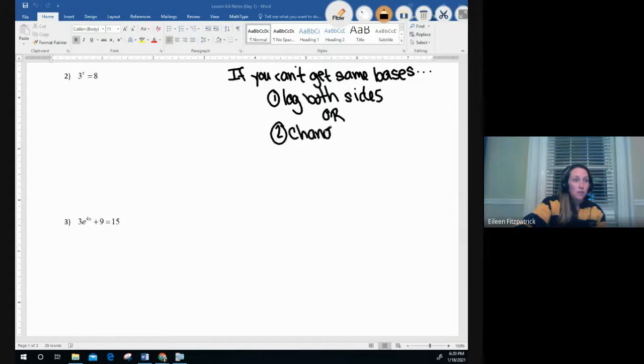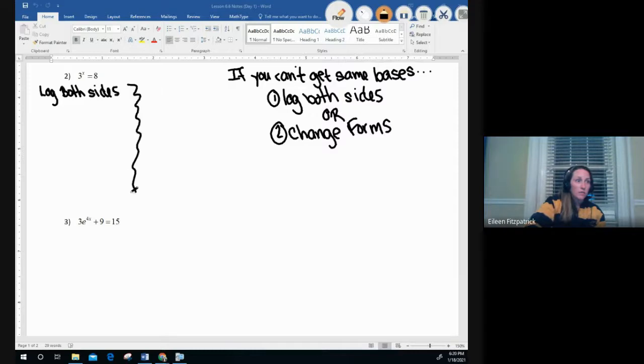Honestly, I would just change forms, but I'll show you log both sides as well. Okay. So this is going to be log both sides option. And over here, I'm going to do change forms. So you'll see 2 different ways of doing the same problem.